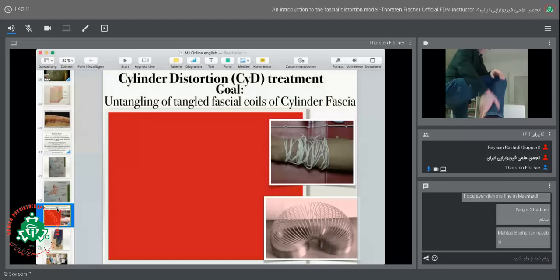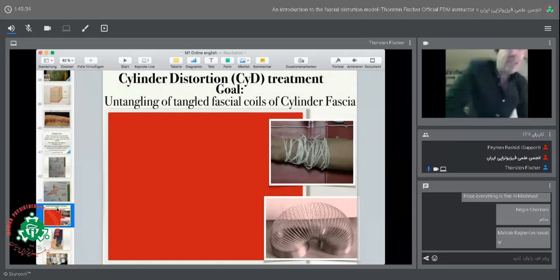And I'm always using my forearm here at a 45 degree angle. Just go down, maybe go onto the feet. If you have some patients who have this in their arm, I'm doing the same on the arm. I let the patient put the hand here and tense the muscles, and then I just follow this way through until their fingers. This is the most common technique that I use in the cylinder distortions.